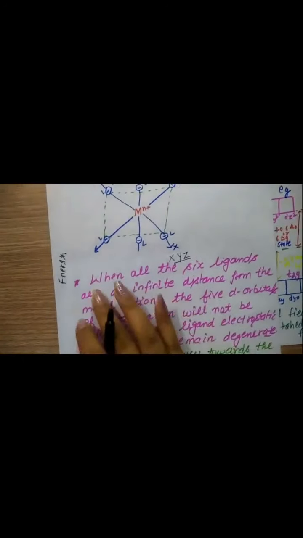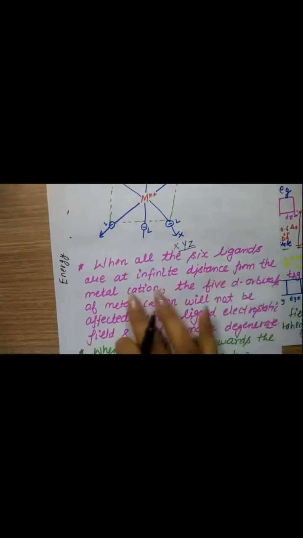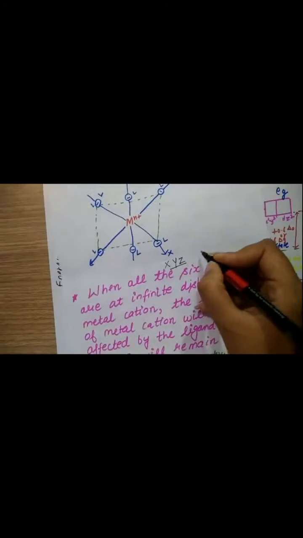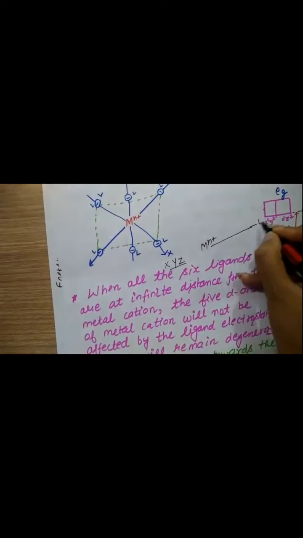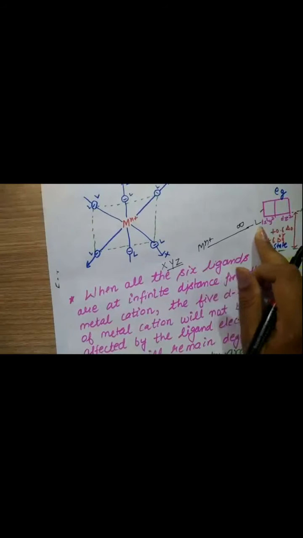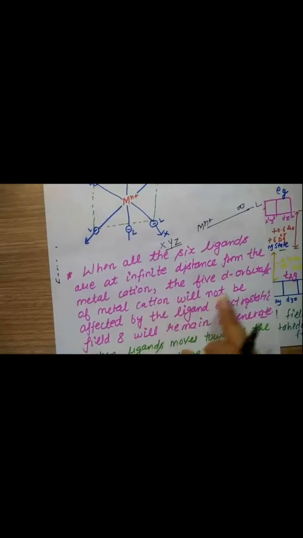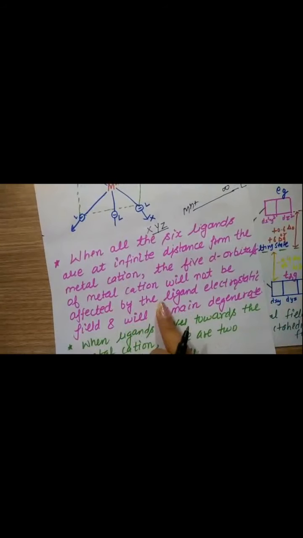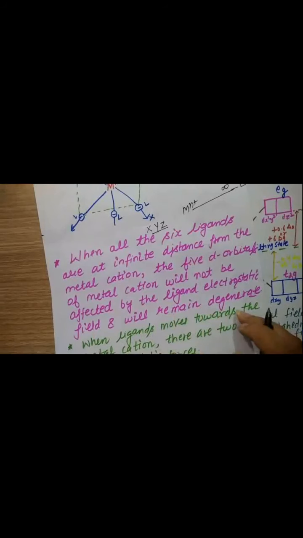The first situation is when all the 6 ligands are at infinite distance from the metal cation. The distance between the metal cation and the ligand L is infinite. Then the 5 d orbitals of the metal cation will not be affected by the ligand electrostatic field and will remain degenerate.